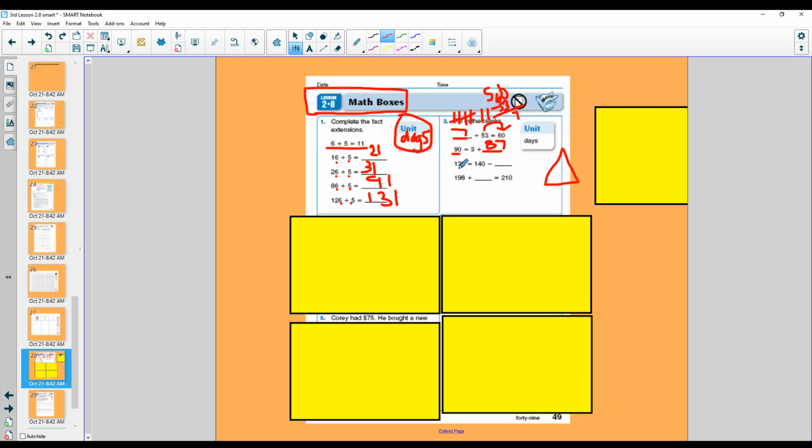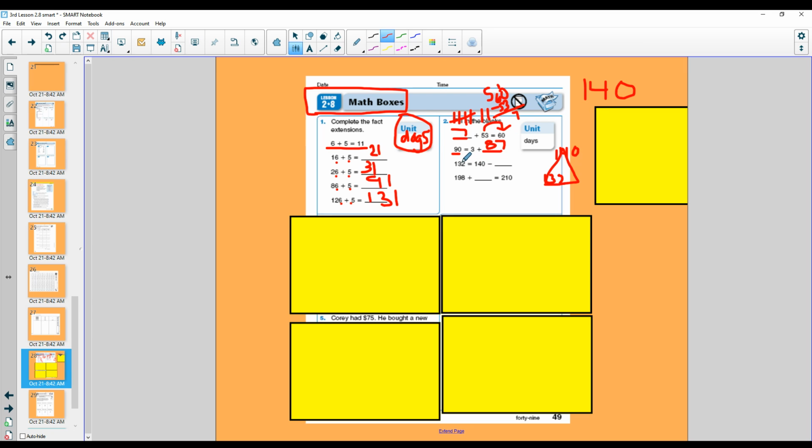Here, they're giving us one of the numbers, 140. Take away what number would get us to 132. So it's like 140 is up here, and 132 is here. So what do we have to add? We can count up, but we could also just subtract them. We could say 140.